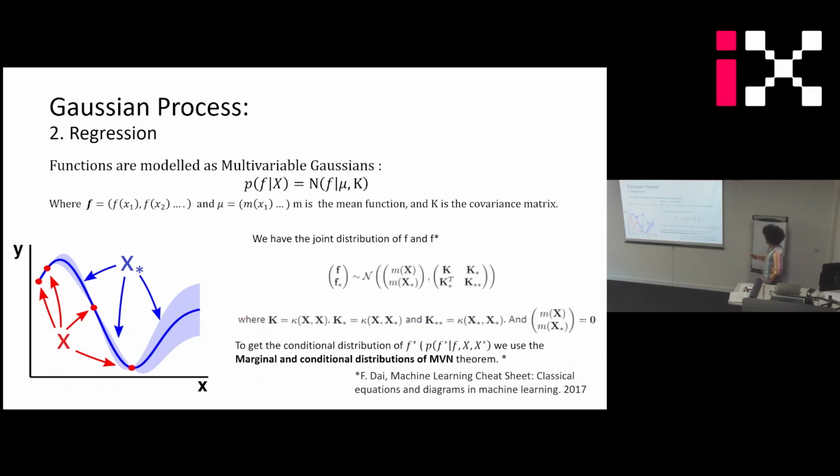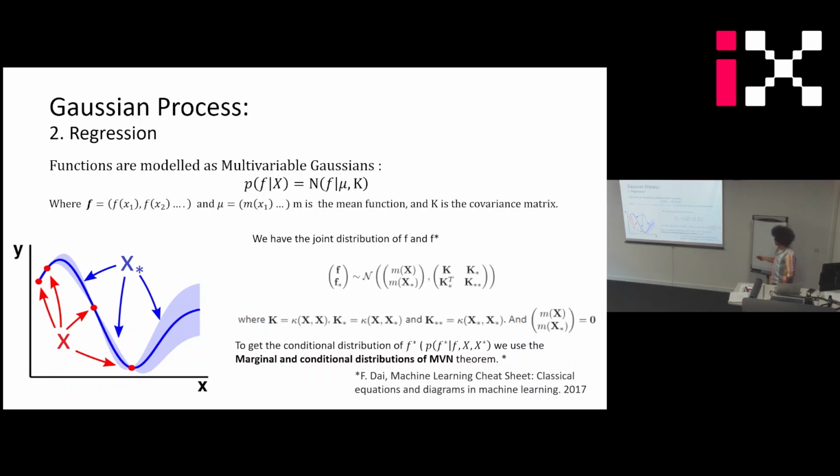So what we have is the distribution of f and f star, f being the values of f of x and f star being the values of f of x star, and they are defined as a function of their mean values and the covariance between the two variables.